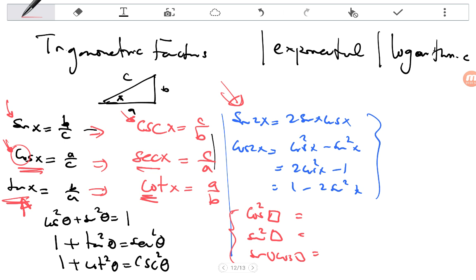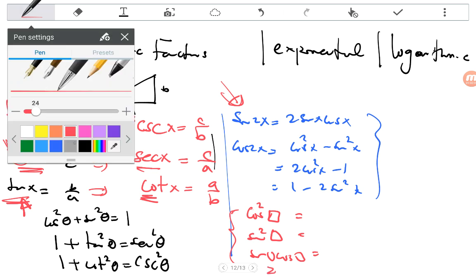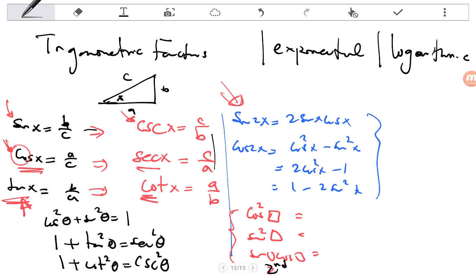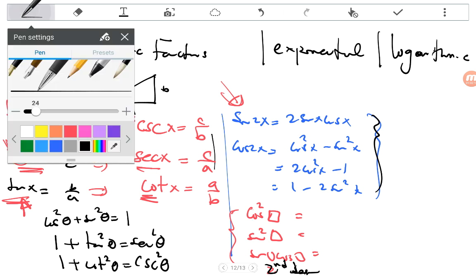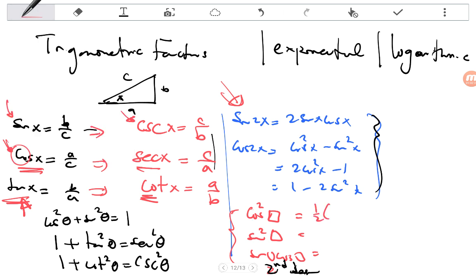In mathematics, we just need to make the sine and cosine to be power 1. Whenever I find cosine squared, sine squared, or sine times cosine, these are second degree terms. We don't like second degree sines and cosines. We just like them to be first degree. So we make use of these rules to make new rules. Cosine squared is half of 1 plus cosine of double the angle.